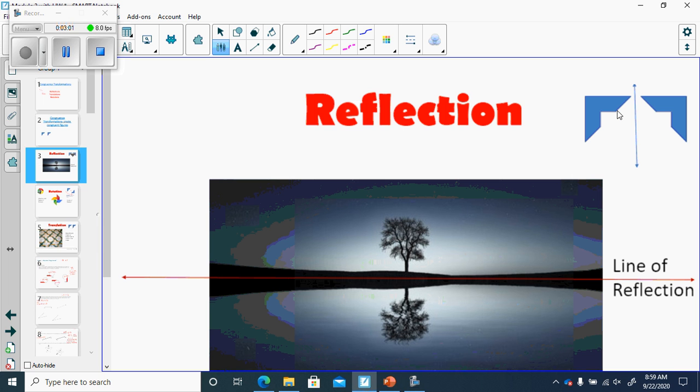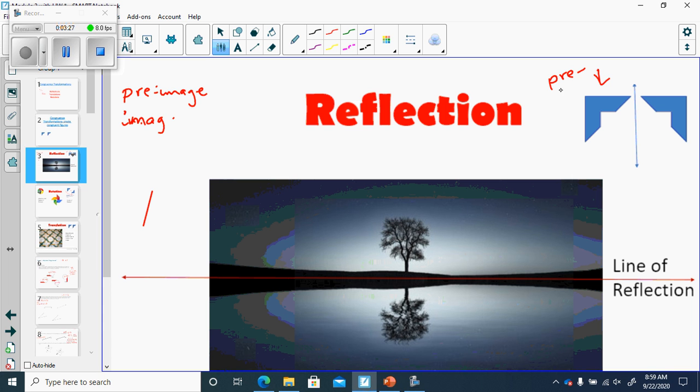Now, these are some terms that we're going to need: pre-image and image. Pre-image means what you're starting with. If I'm starting with this one, that would be my pre-image. If I flip it over, what I create is my image. I-M-A-G-E, image. So this would be my pre-image.